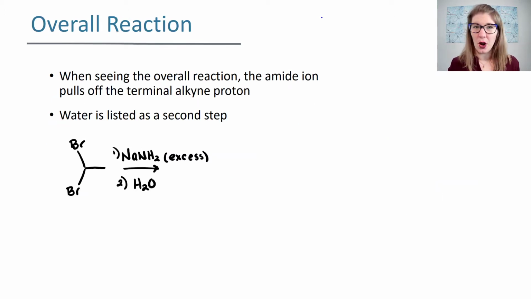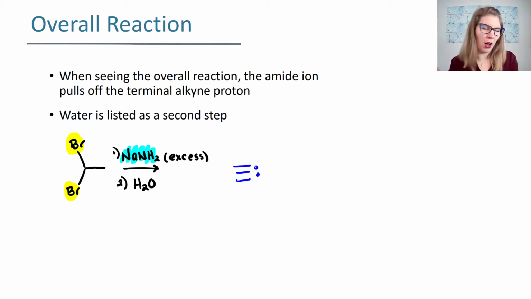Let's look at the overall reaction. For the overall reaction, you're going to be given something that has two leaving groups, and then you're also going to be given an excess of a strong base. A lot of times, students forget that the first step creates the alkynide ion. And so when they see the water, they're like, what does the water do?